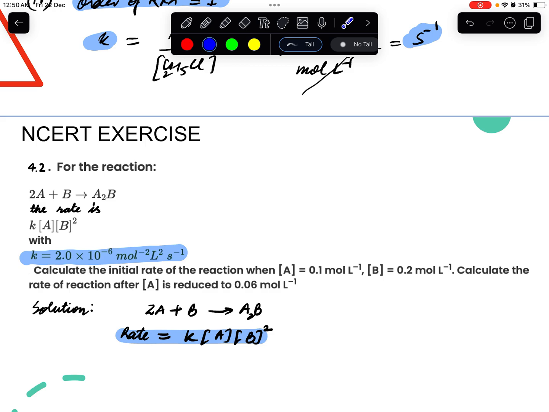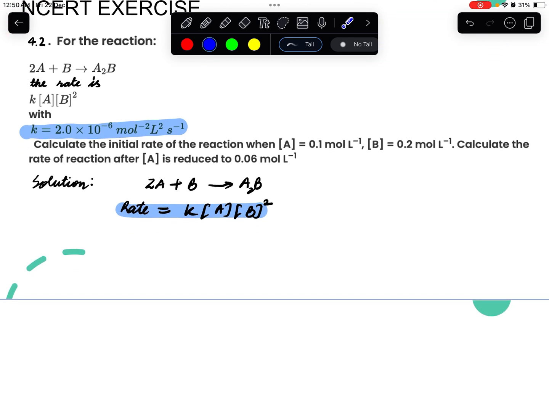First we will calculate the initial rate of the reaction, which is given by the same term, and we will put down the values. The rate constant is 2.0 into 10 raised to the power -6 per mole square liter square per second.